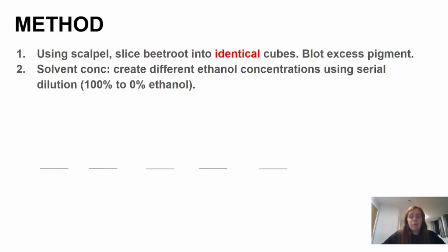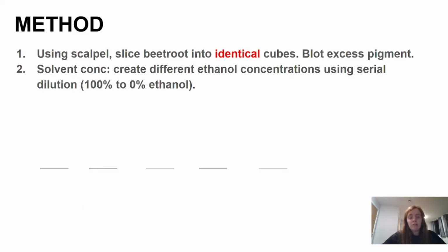The named variables that you can investigate, the main ones, are solvent concentration and temperature. I'm going to briefly go through all of those. If you're investigating solvent concentration, you use ethanol. The first thing you want to do is create different ethanol concentrations using something called a serial dilution. This term serial dilution is another really important term.